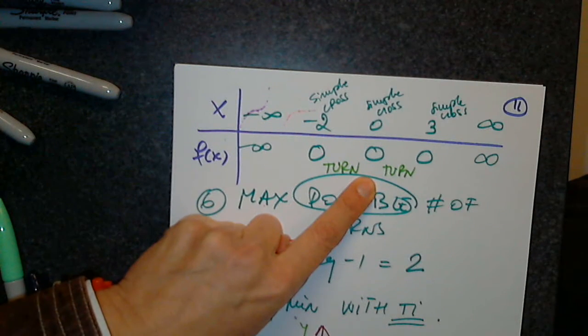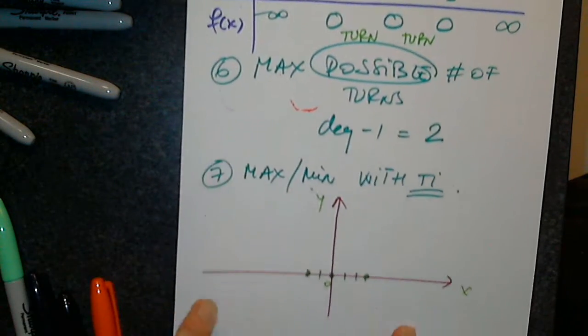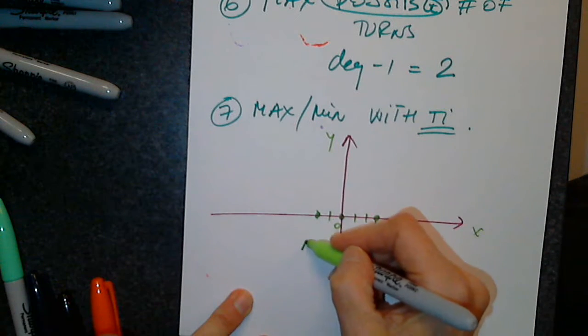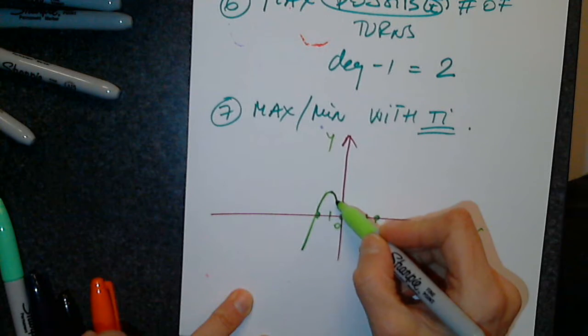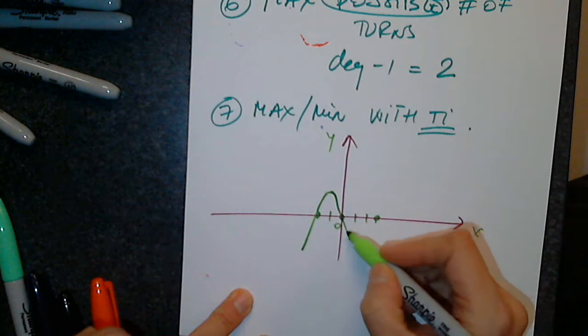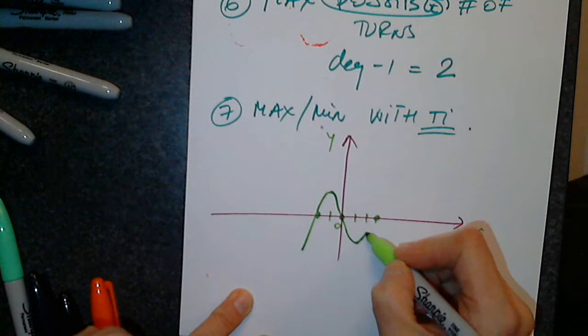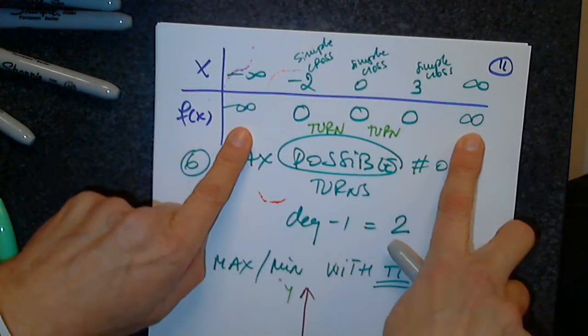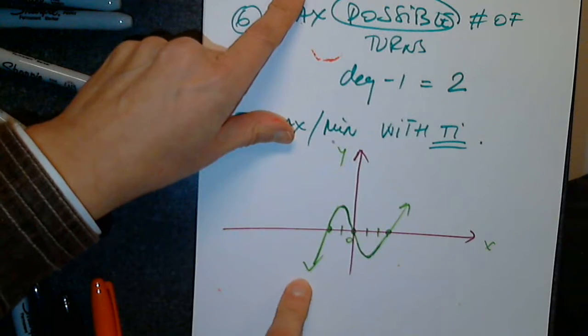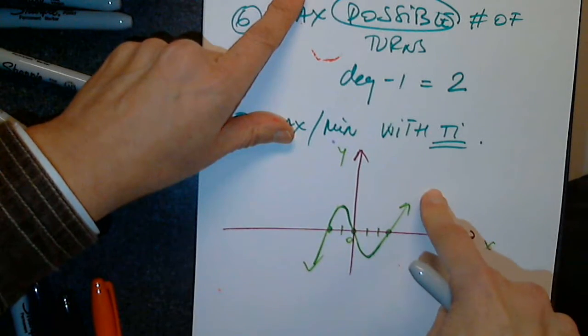I'll figure it out in a minute with a calculator. So here it is. It's coming from negative infinity. It must turn because it crosses at 0, 0. It must turn because it crosses at 3, 0. And according to the end behavior, it has to come from negative infinity and go to positive infinity.